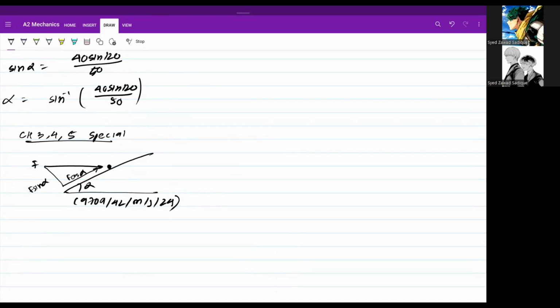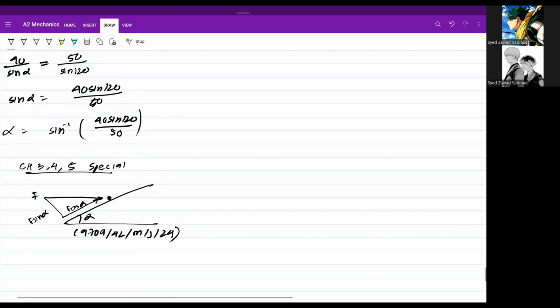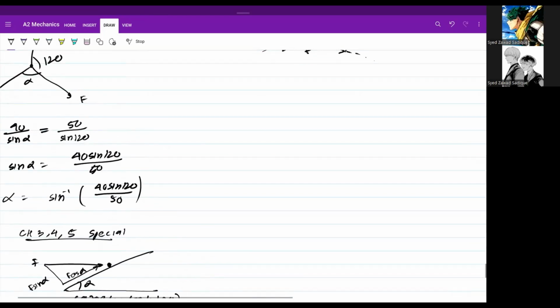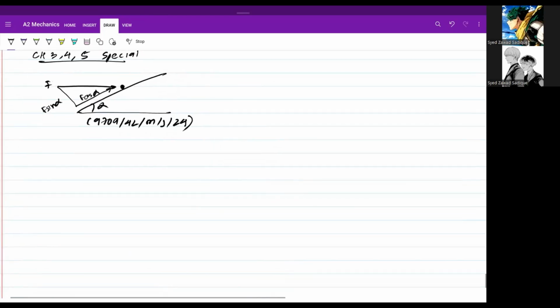Let's say there's a point, let's say this is x. Here's one, here's two. Let's say this is tension one and this is tension two.